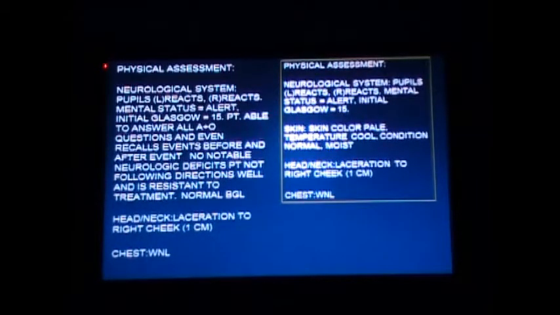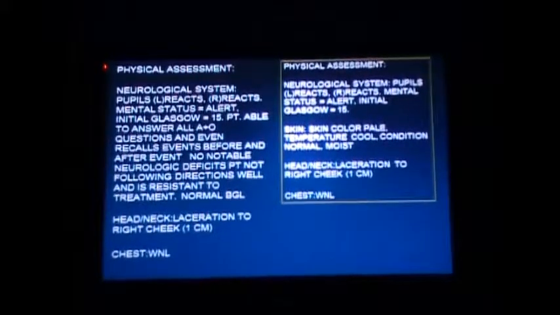In the physical assessment, I rewrote it, and it may or may not fit into your charting system. Again, we have this template. When I would do this, I'd do a neuro exam and do a complete neuro exam as appropriate for this patient. And I don't rely on the drop-down stuff in this particular charting system.